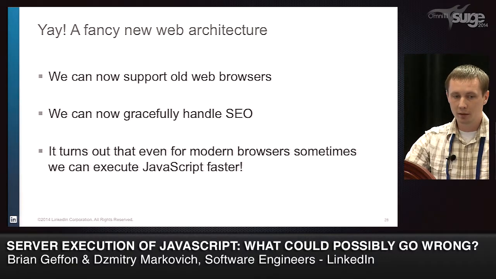Now we can handle every search engine because we output just HTML, and all of the engines can use this data to index our pages. And at the end I will mention, we were even surprised that we can execute JavaScript on a server sometimes faster than the most modern browser in the world.